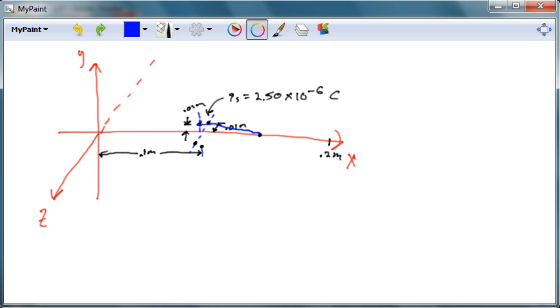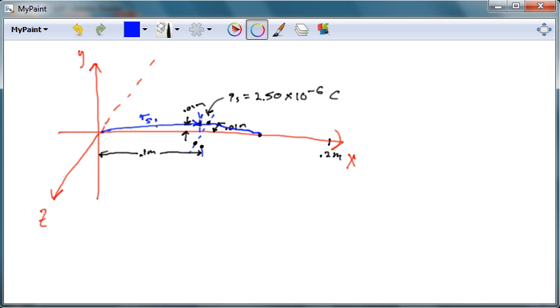It's not all that straight, but I'll call this particle number 1. Q source, they're all the same. So this black dot here is particle number 1. We'll call this RS1.